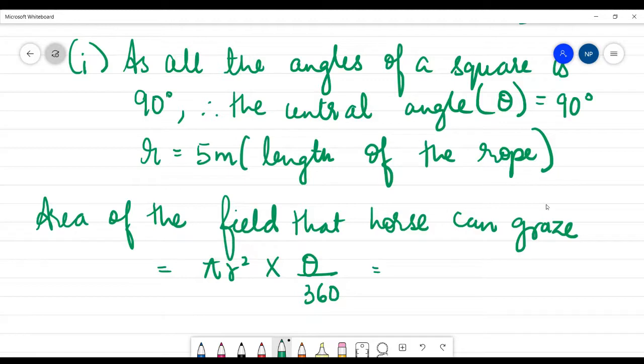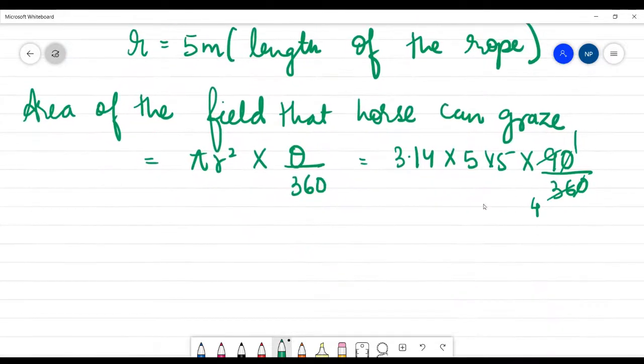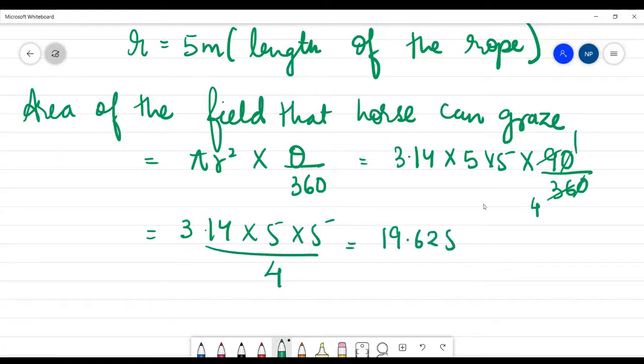For pi, we have to use 3.14, into r square, which is 5 into 5, into 90 upon 360. So this will become 1 by 4. We are left with 3.14 into 25 divided by 4. So 3.14 multiplied by 5 into 5 upon 4. You will get the answer as 19.625 centimeter square. Copy down this much, children.